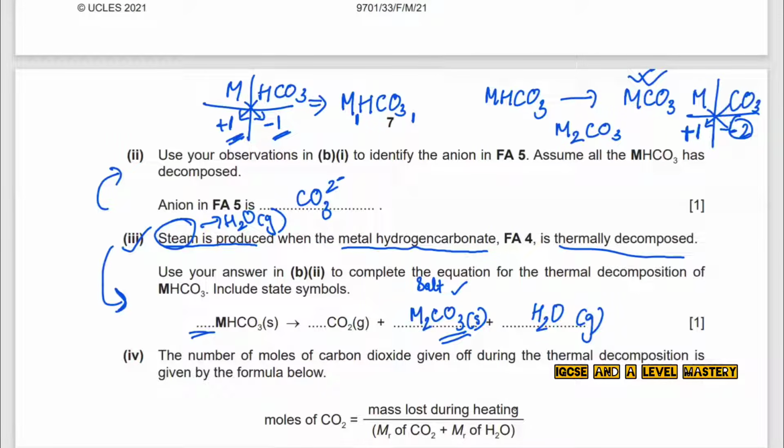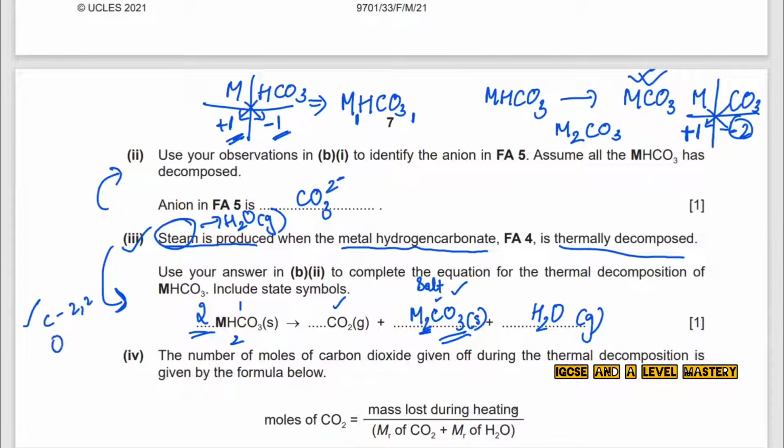Okay, so now when we are trying to balance it, since there is 2M over here, we will put 2 in front of MHCO3. Then if we try to balance carbon, there are 2 carbons in the reactants, and in the product also 1 and 2 carbons are there. So carbon is balanced, 2 and 2. Then oxygen.